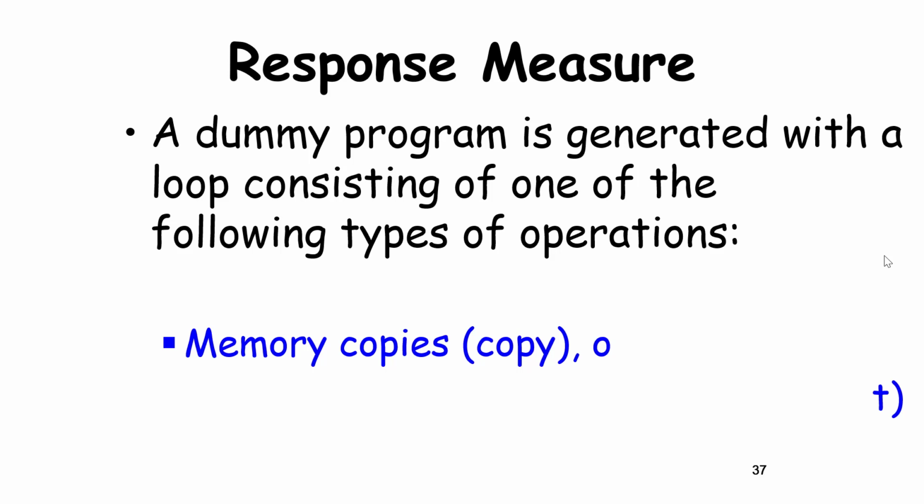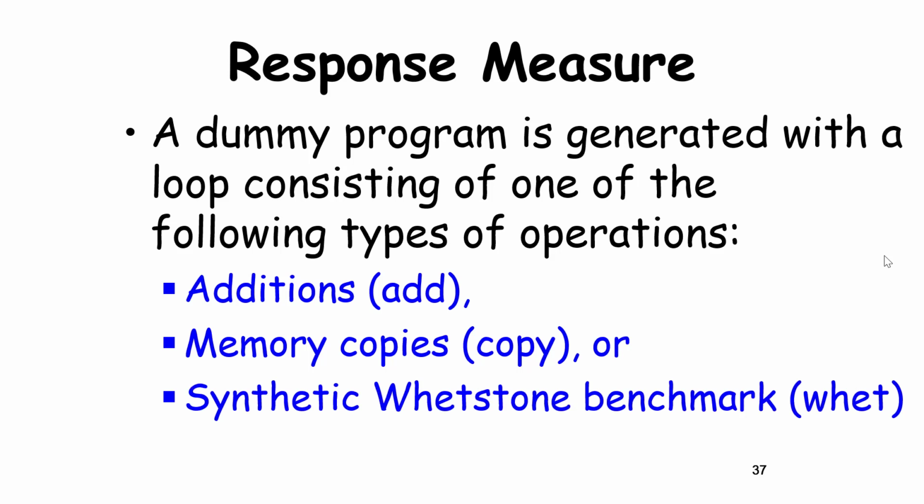So what do you need to do? Nothing much. Write a dummy program that is stressing all parts of the system. Could be arithmetic operations, for instance. Could be memory operations, for instance. Doesn't matter. You stress different aspects of the system. And the synthetic Whetstone benchmark does that. And then you just run it many, many times.